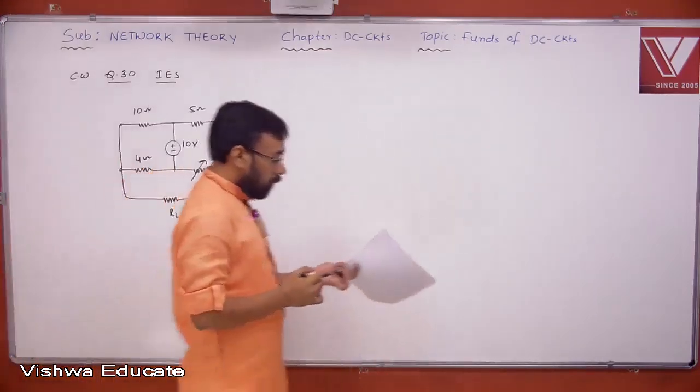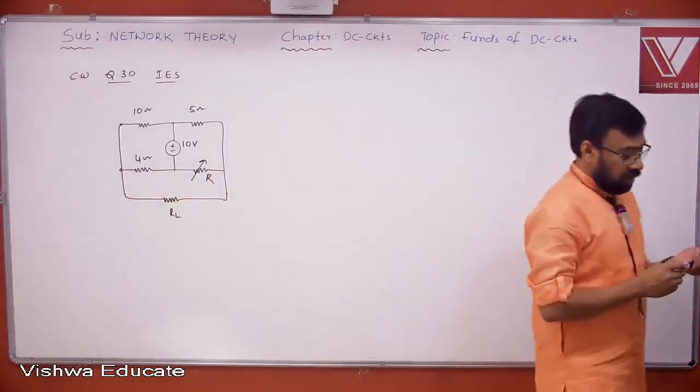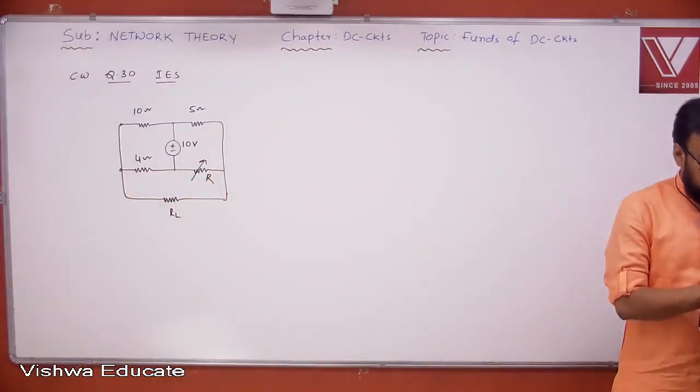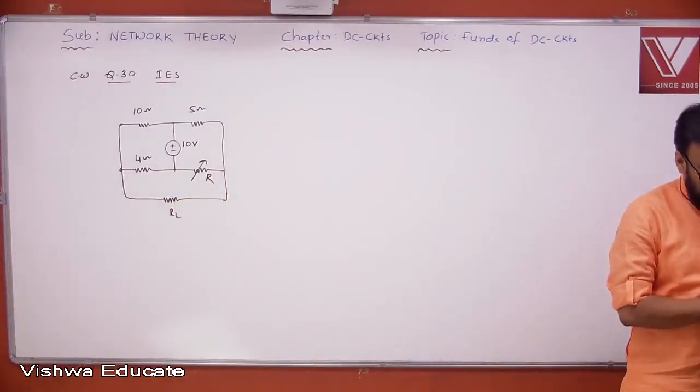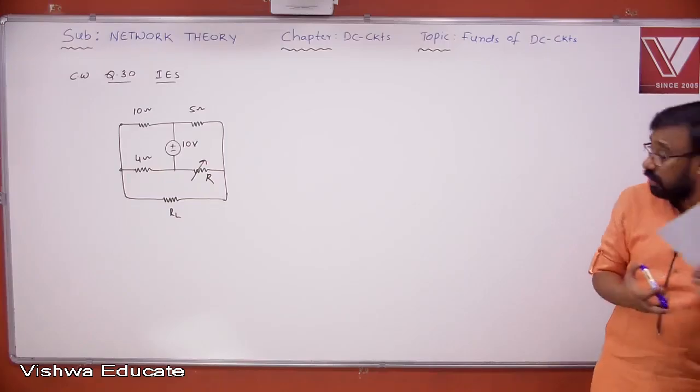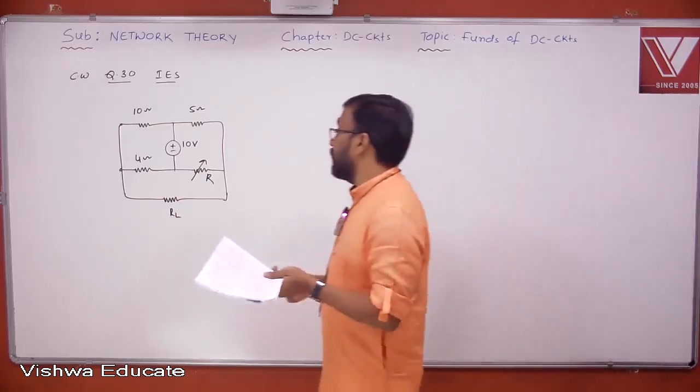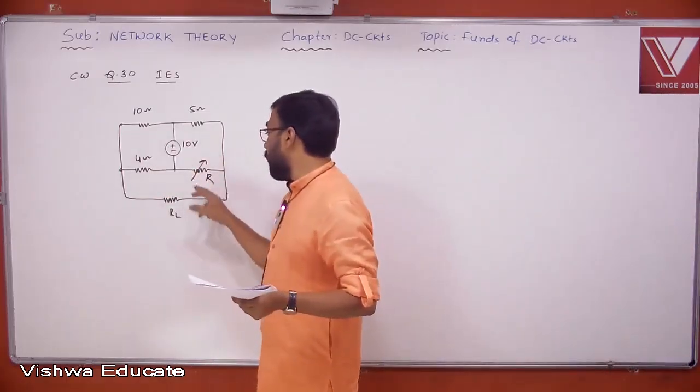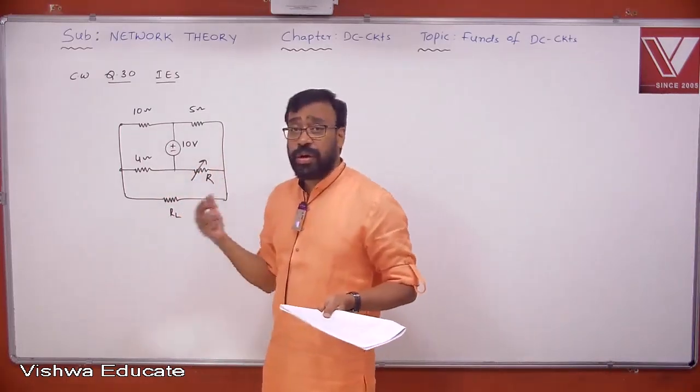Look at that network once. Definitely it is a balanced bridge, right? Or bridge circuit first, whether it is balanced or not, you can check it out. Now, because he is asking the question, balanced bridge or not, we do not know, because unless we know the value of capital R, we do not know whether it's balanced or not, right?